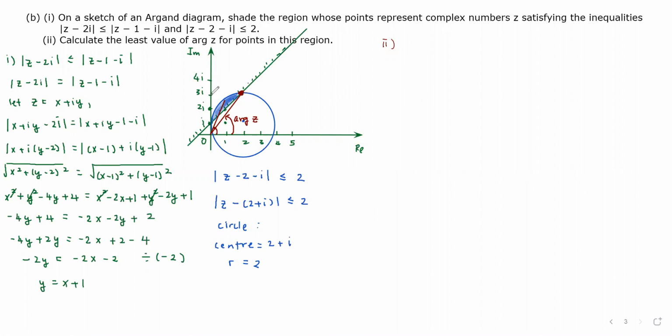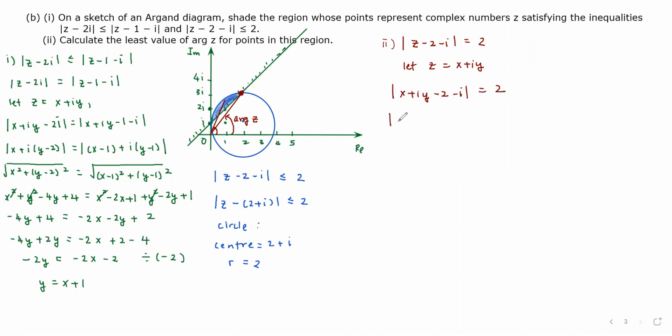This is the point of intersection between the line and the circle. So we only consider the circle where the modulus of z minus 2 minus i equals 2. Now we let z be x plus iy. So the modulus of x plus iy minus 2 minus i equals 2.